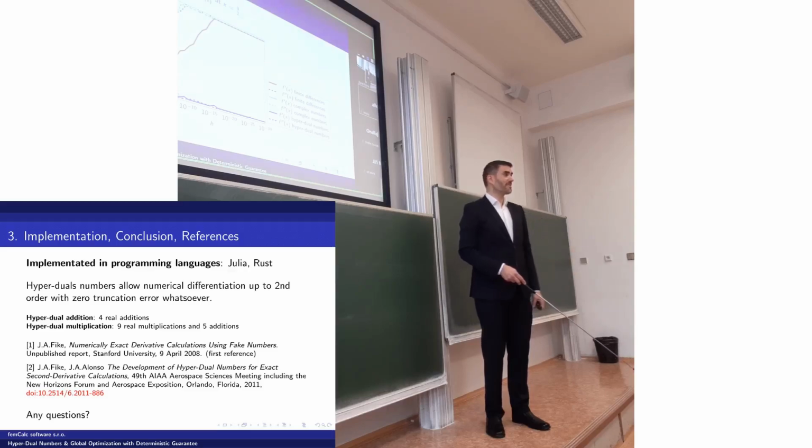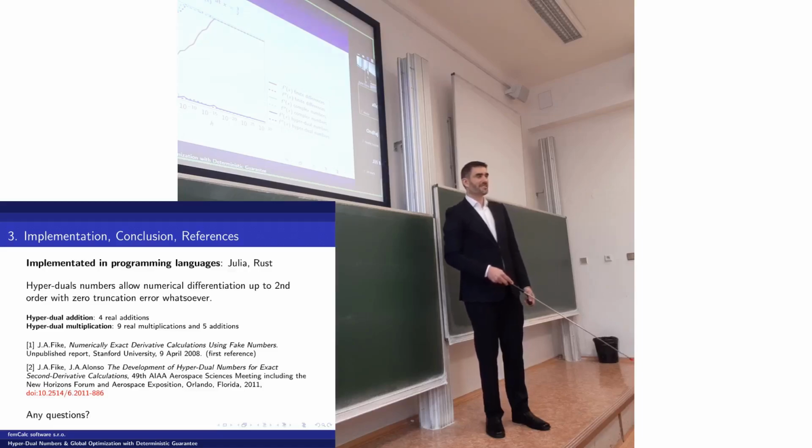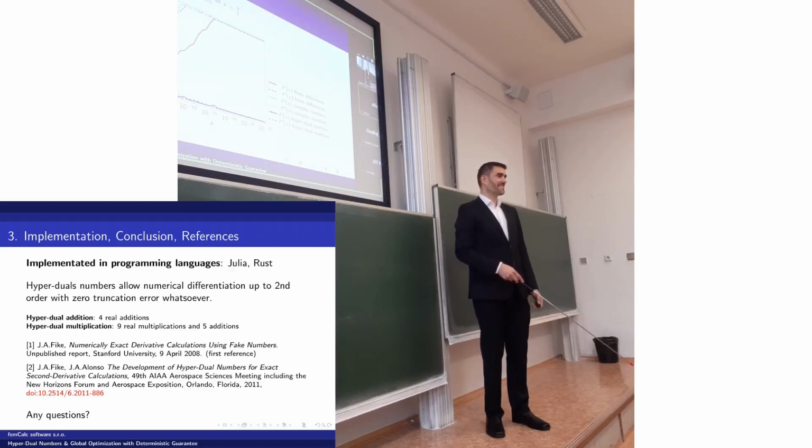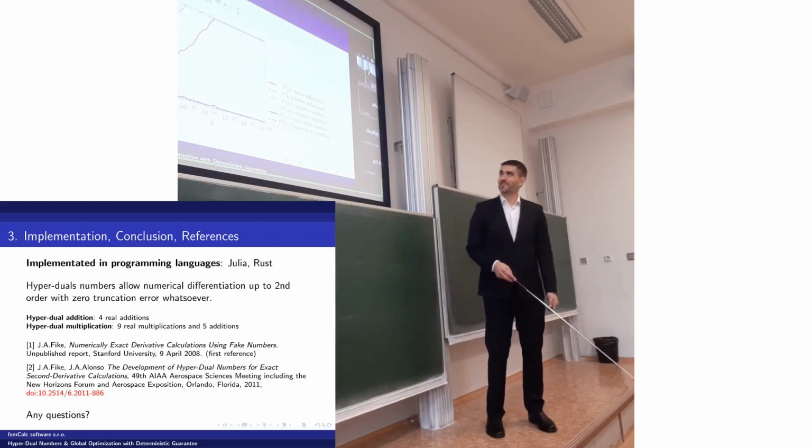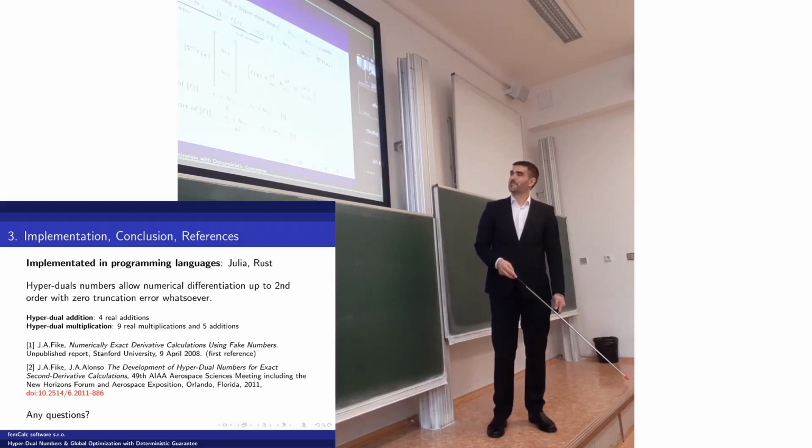You had also a question? Yeah, I still don't get it. How is it possible that it doesn't depend on the size, this h? If I would choose a really, really big h, it would still work. I was also surprised.